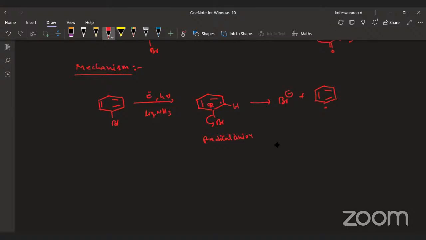This benzene radical further interacts with the carbanion, that is the nucleophile. How is it generated? We take the acetone.